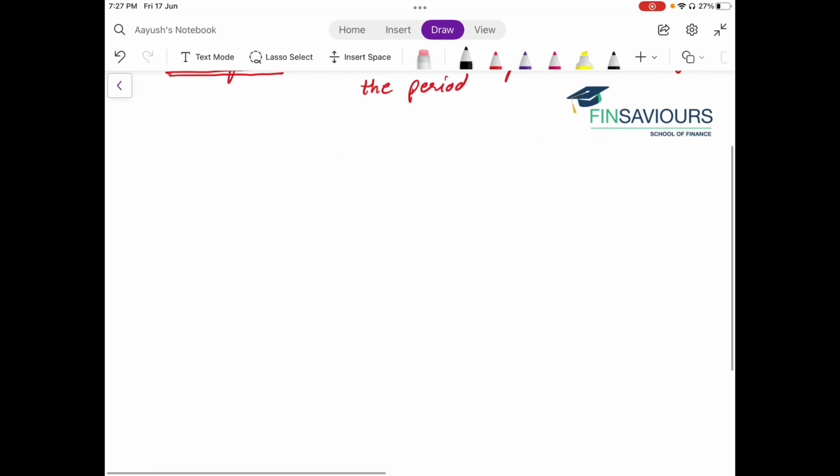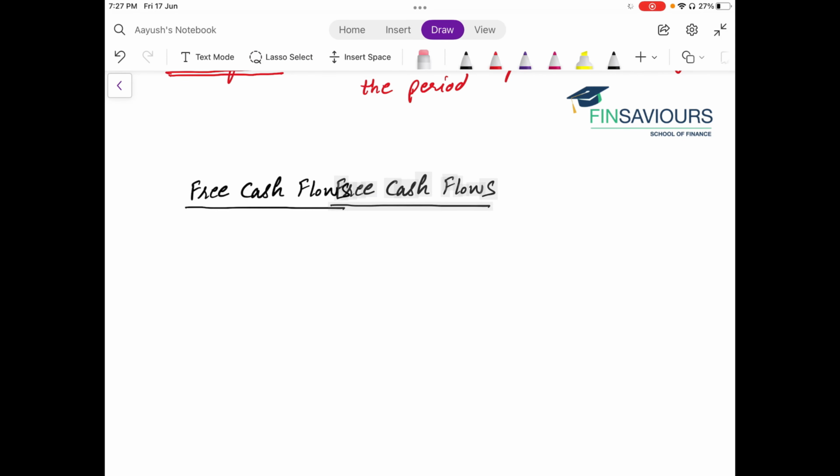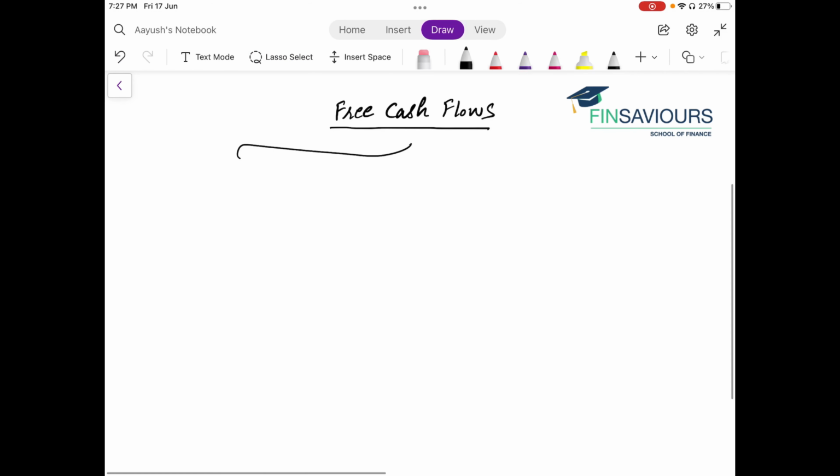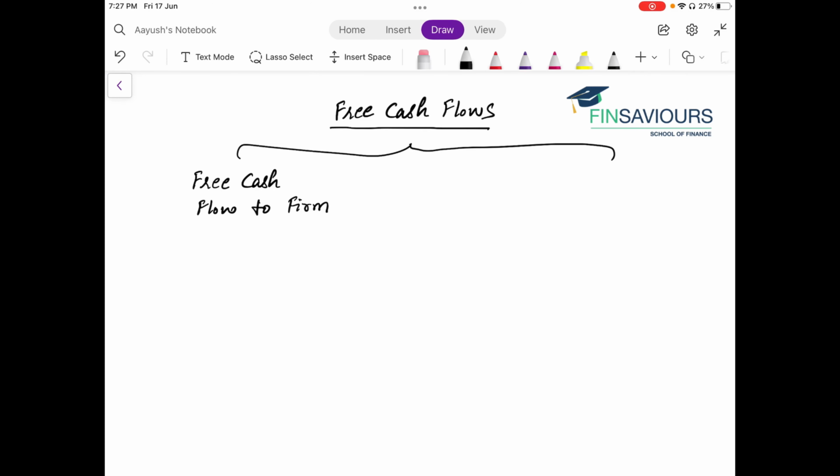Now, this term, free cash flows, is again broken down into two components. The first component is free cash flow to firm, which we know with a very common abbreviation, FCFF.